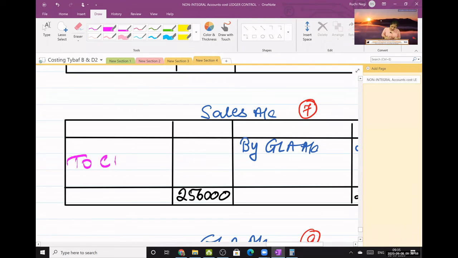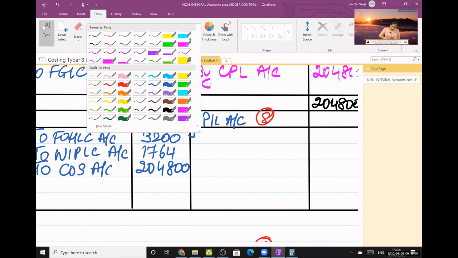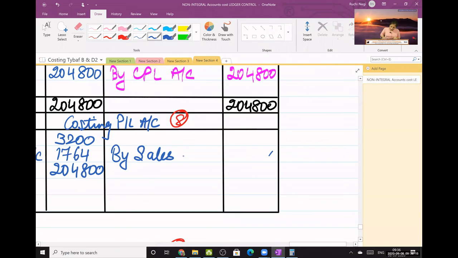So obviously it will come to CPL. 2,56,000. The second effect is in CPL, by sales account 2,56,000.